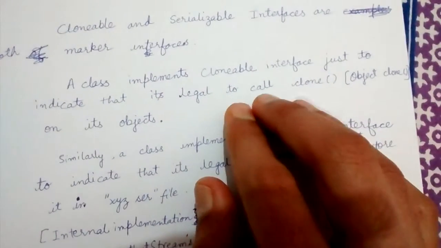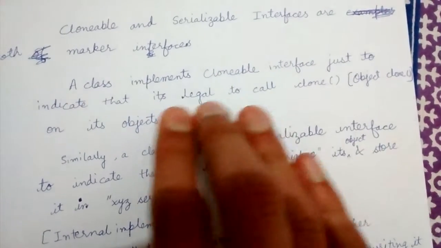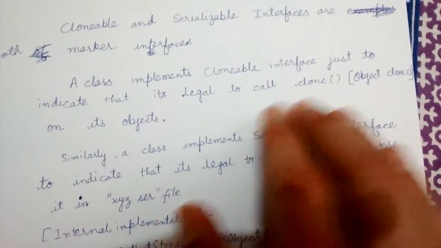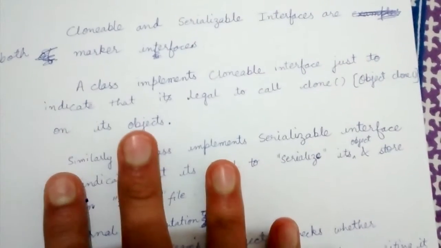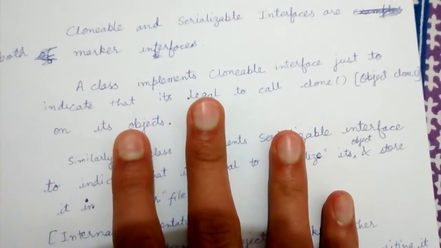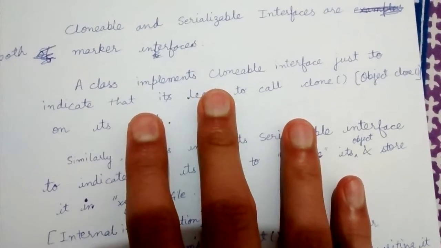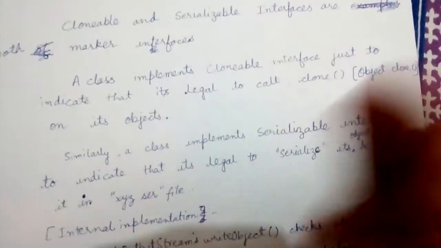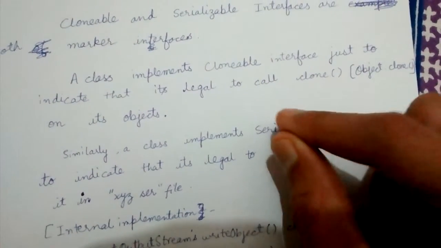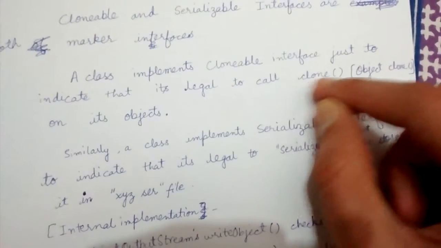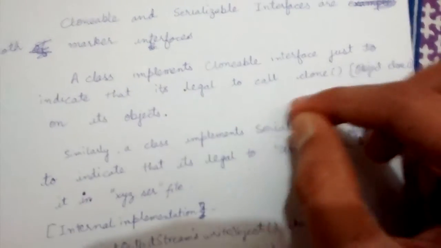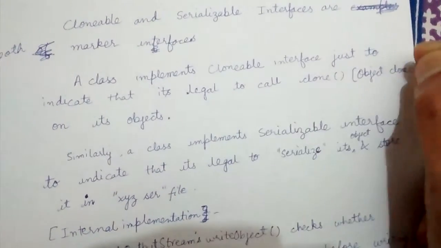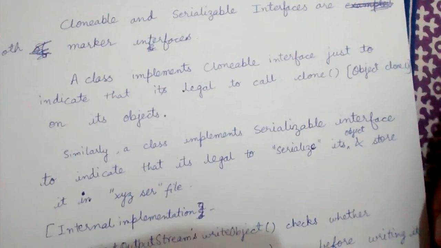Let's say I am writing a class Employee, so I will write class Employee implements Cloneable. Why will I write that? I will write that to indicate that it's perfectly legal for a client to call this clone method on my objects. So a client can write Employee e and then he can write e.clone(). This is perfectly legal.